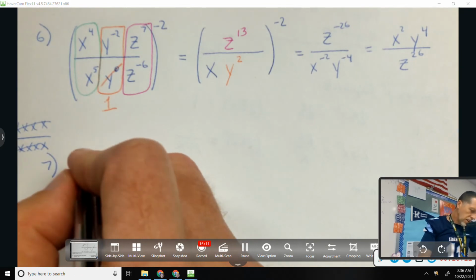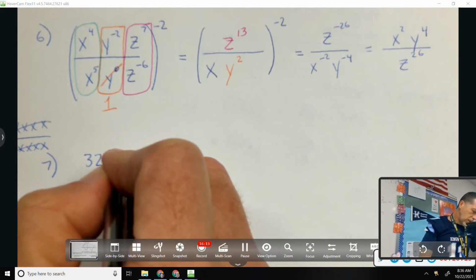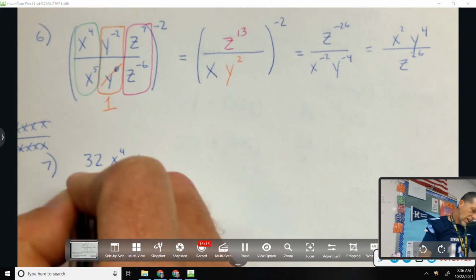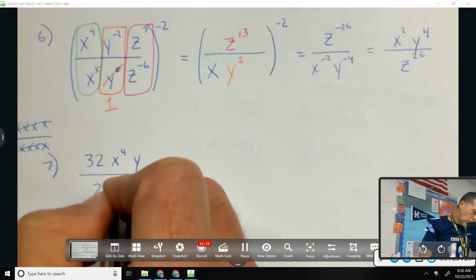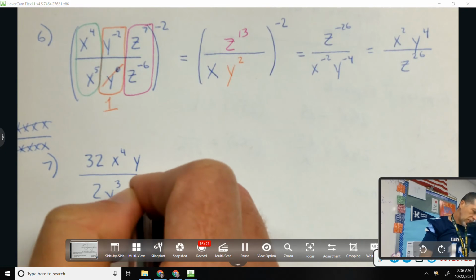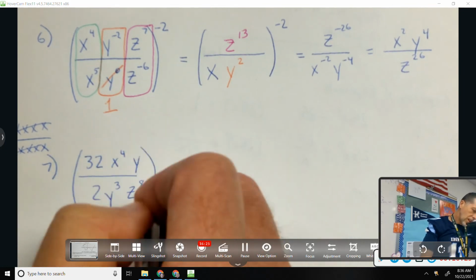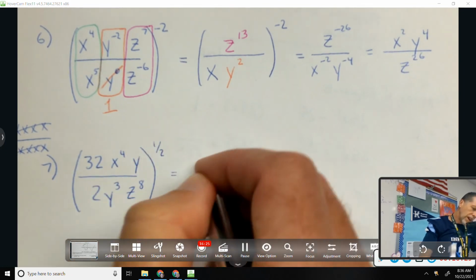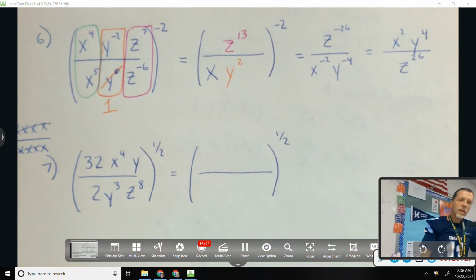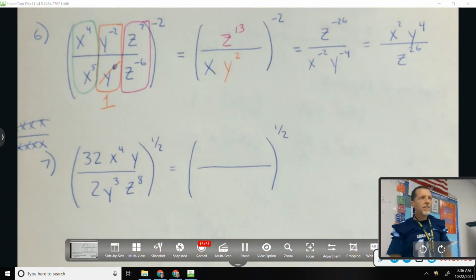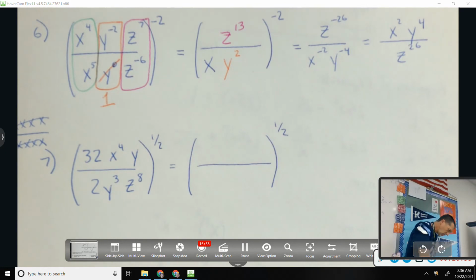Two more. 32 x to the 4th y over 2 y cubed z to the 8th, all to the 1/2. Again, let's clean up the insides first.